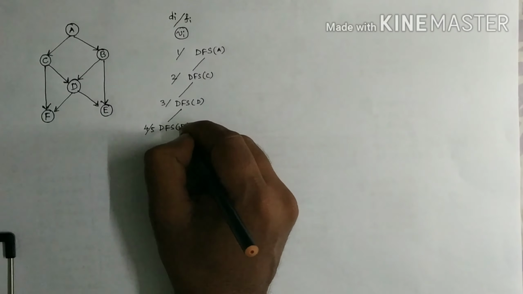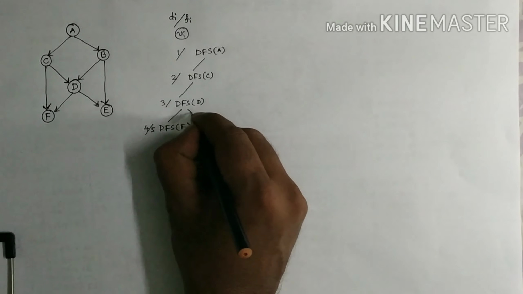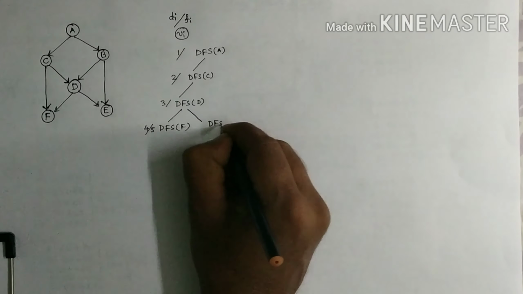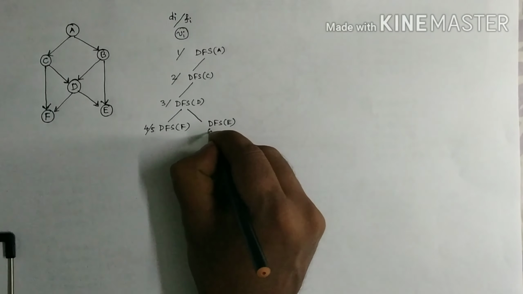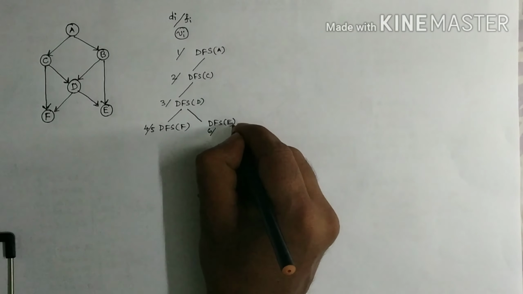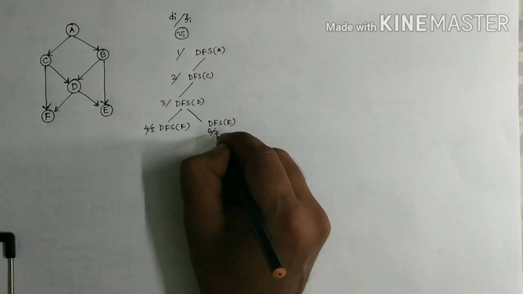Backtrack from F, that means go to D. Is there any vertex adjacent to D which is still unvisited? Yes, E. So call DFS E. So discovery time here 6. Is there any unvisited vertex of E? No. So finish E. So finish time here 7.